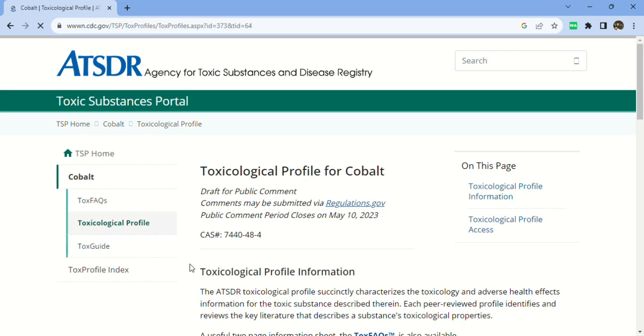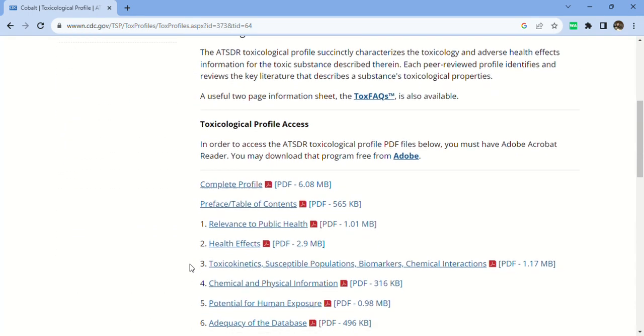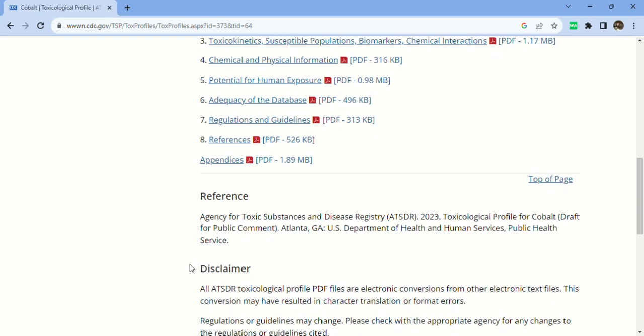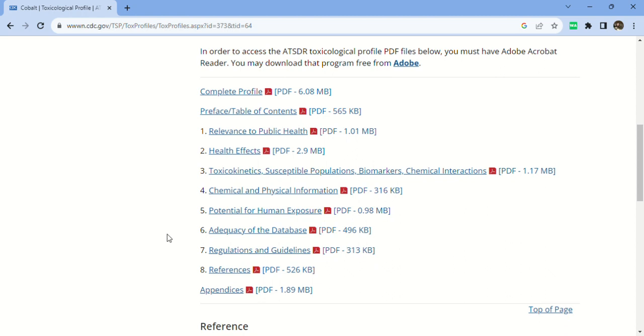I would like to share this because before going to the next step, we should know the basics about the app. You can see this is a draft for cobalt. In this, they mention each and everything about cobalt. They give the complete profiling. You can see there are n number of regulations and paperwork.